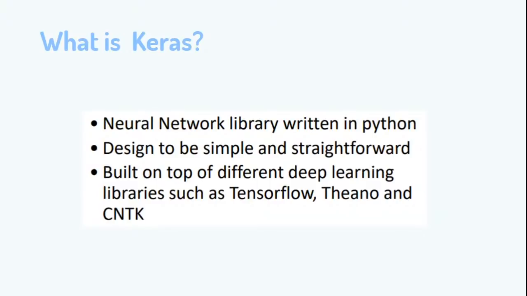Those packages are called TensorFlow, Theano or CNTK. The most popular one is TensorFlow. TensorFlow is the library package to implement a neural network algorithm or deep learning algorithm. Keras is an API to type the code and build as much as we need. So that is the basic difference.